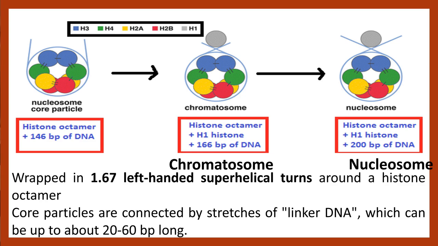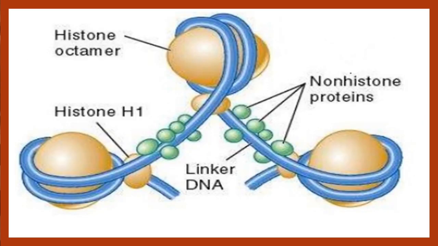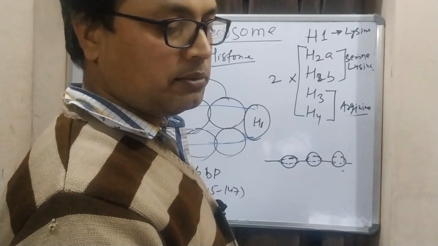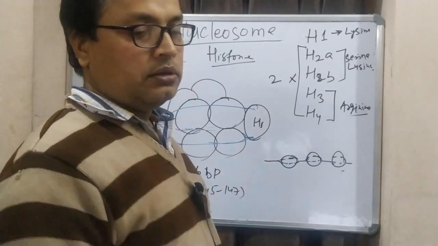You are seeing three nucleosomes where the octamer is in the center, DNA is wrapped on it, and H1 is going to lock. The small bead-like structures you are seeing in between are non-histone proteins. They are just stabilizing the DNA.